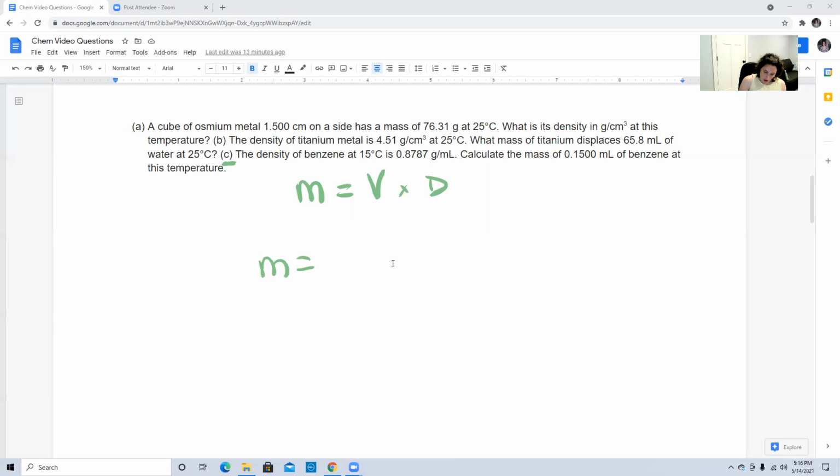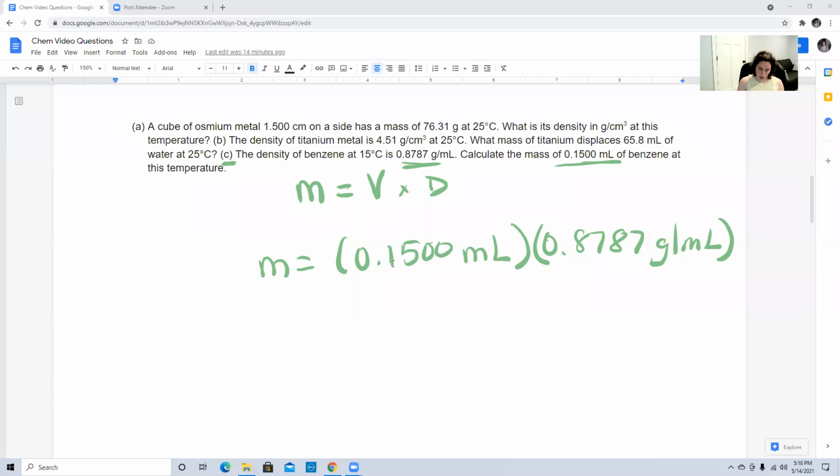So our volume is here. We have 0.1500 milliliters of the benzene, and its density is here, 0.8787 grams per milliliter. This time the labels do match officially.